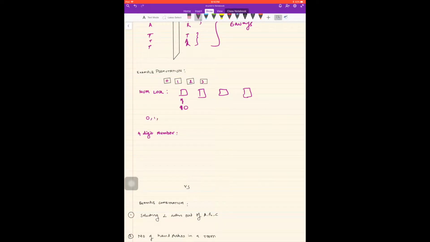You can have 0, 1, 2, 3, 4, 5, 6, 7, 8, 9. These are 10 digits, right? This can be filled in 10 ways, and of course you can have a repetition, so you can again fill this in 10 ways, and this again in 10 ways, and this again in 10 ways. So let's see how many ways: it's 10 cross 10 cross 10 cross 10.